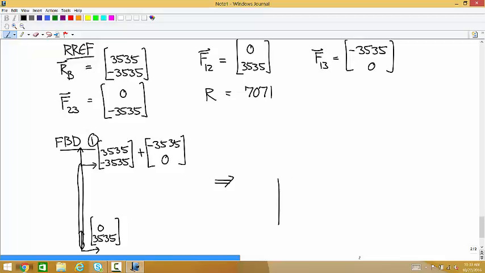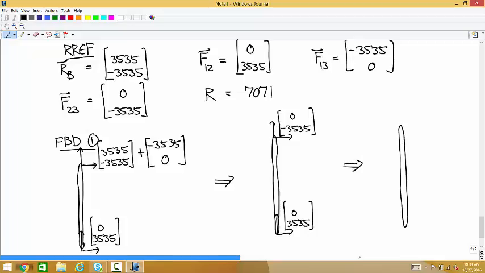And so that says, if you add these vectors together, this just gives 0, negative 3,535, 3,535, 0, positive 3,535, 3,535. And that is a compressive force on each end of 3,535.